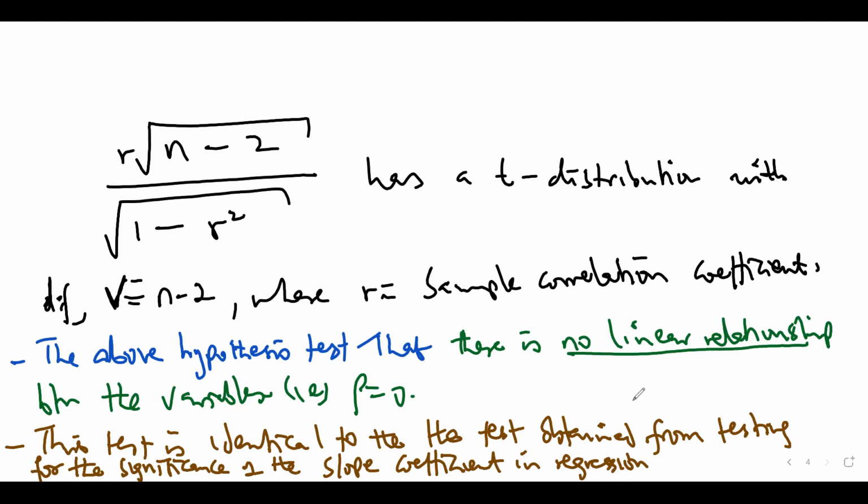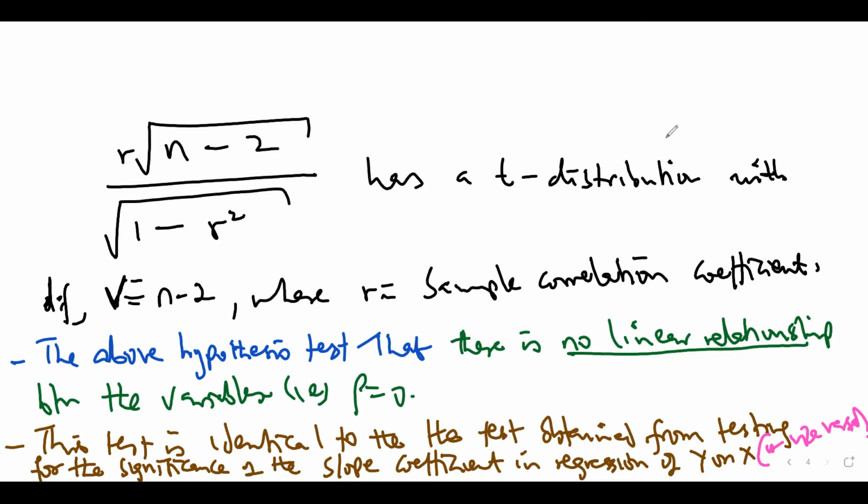This happens only in simple linear regression, in the regression of y on x, and vice versa. So here it doesn't matter what is dependent and what is independent. But whatever the test here, it is equivalent to the one we used to test the slope coefficient beta 1 when we were regressing y on x.